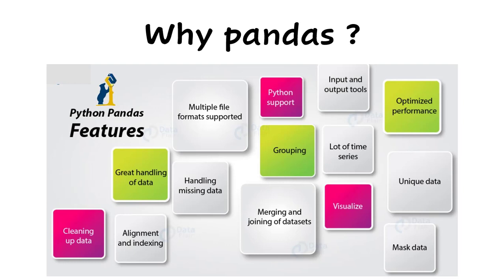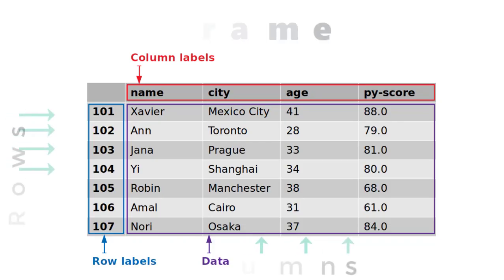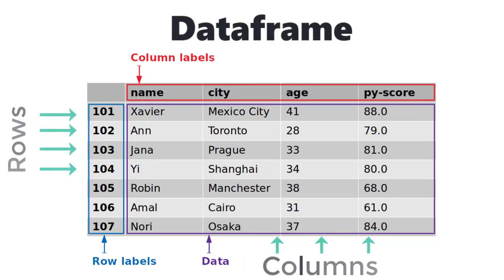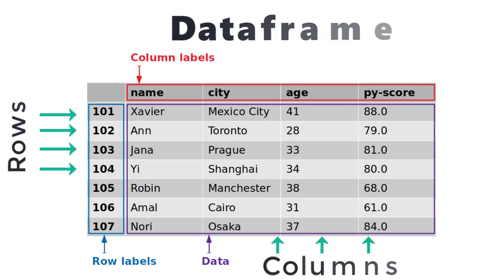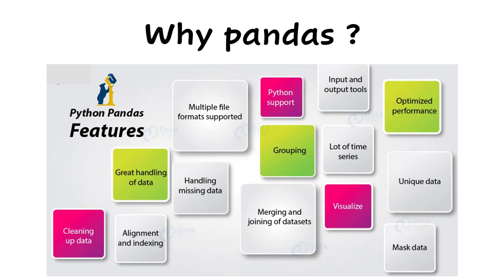And you might have a doubt, why should we use pandas over Excel? Because I told you, it has data frames, right? And data frames are something like an Excel spreadsheet. It has some rows and columns. Well, the reason is, if you're trying to use Excel, and say you have some data of 2 GB or 1 GB, then Excel will just hang up, or it will take so much time to render the data or do what you want.